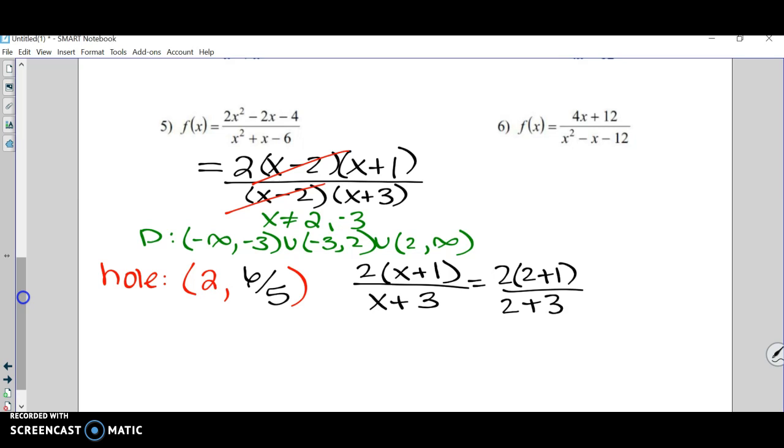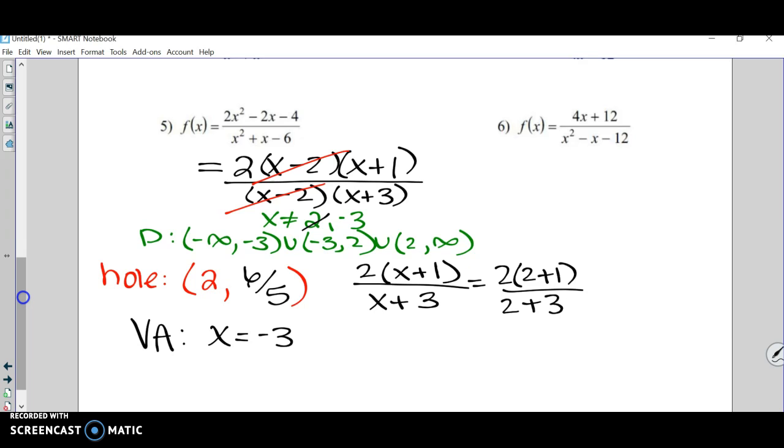Now, what is the remaining domain restriction to tell me my vertical asymptote? What is the only domain restriction left over after I took my hole? I got rid of x minus 2, so really it's not a domain restriction anymore. The only one that's left over, or my only vertical asymptote, is x equals -3. Why didn't I include +2?